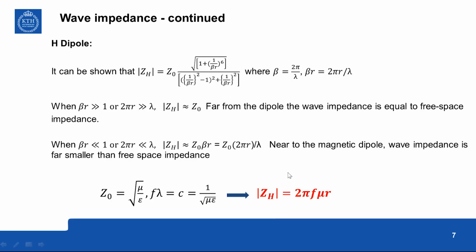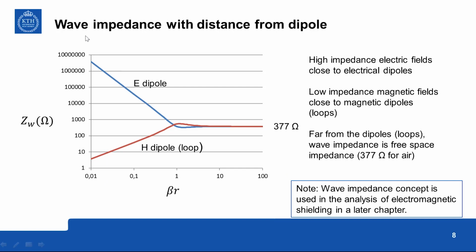So let us plot this out. In this, wave impedance is plotted with distance from the dipole. To normalize for the frequency or wavelength, we take beta r, 2 pi r by lambda, as the x-axis.